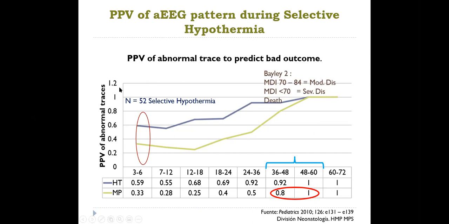It was our first 2 years of protocol. We include 52 babies with selective hypothermia. When we start our protocol here in Mexico, we were using a cool cap.